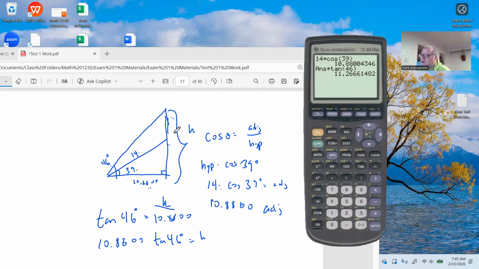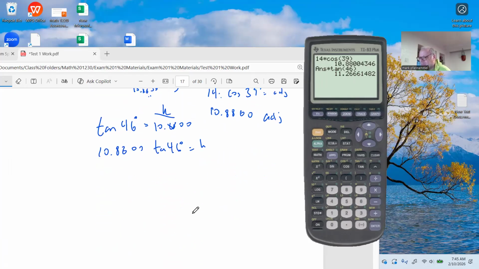Since we only had single-digit degrees here, I think one decimal place is the proper way to go, because we were given 14 and 46 with no decimals. Going one decimal more than we are given is probably the way to go, so we'll say that's 11.3 meters. So my h is 11.3 meters.